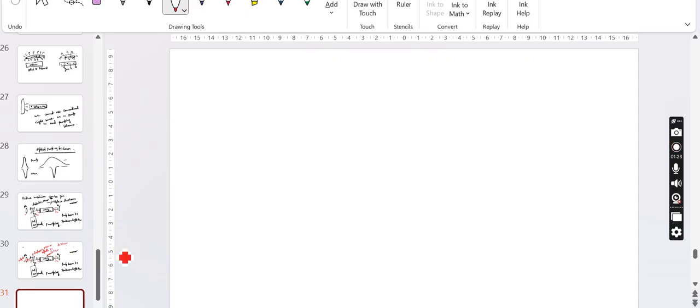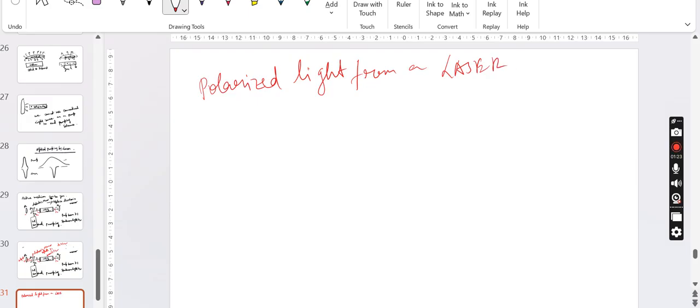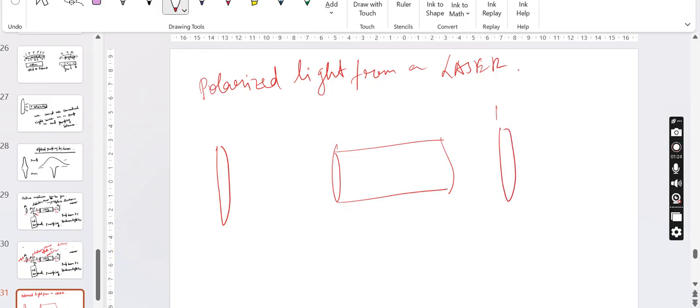Now, if we want polarized light from a laser, what will we do? This is a mirror, this is the active medium, and this is mirror 2.